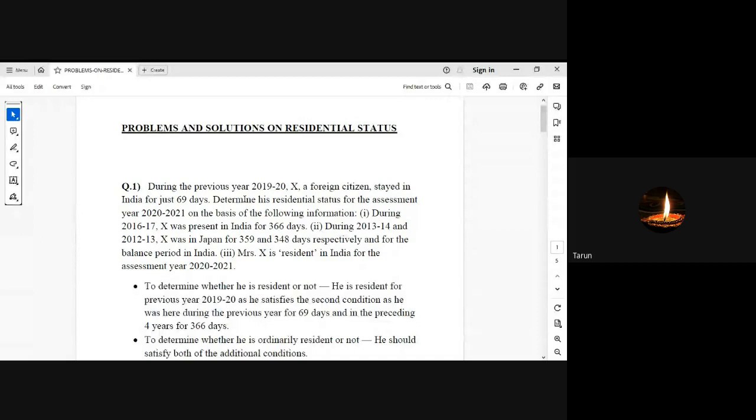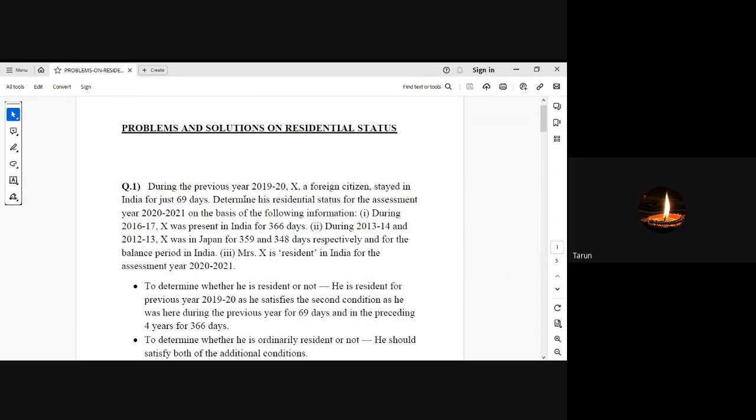In the second part of the question, the information is that during 2013 to 14 and 2012 to 13, X was in Japan for 359 and 348 days respectively, right? So there is no use of the days X has spent in Japan. These days will not be counted.